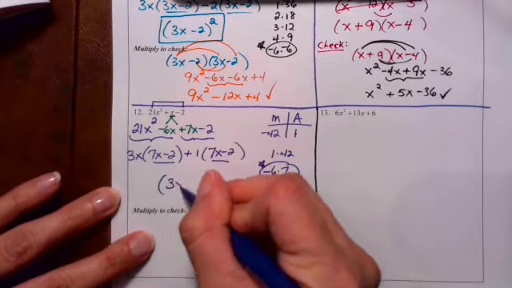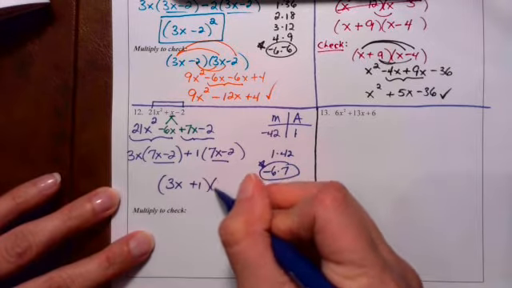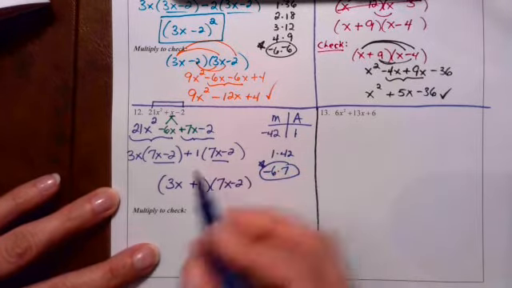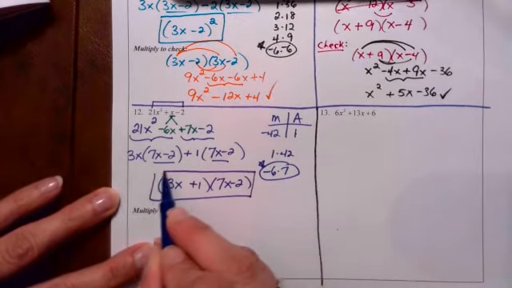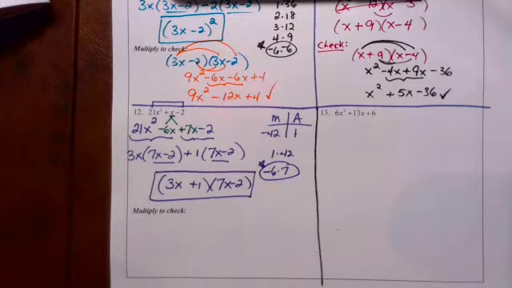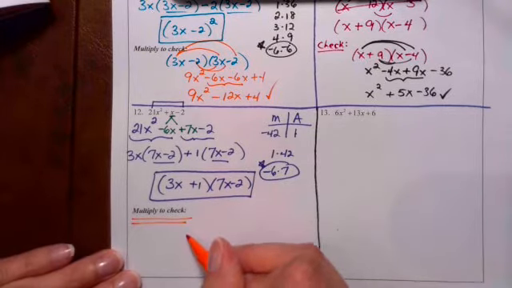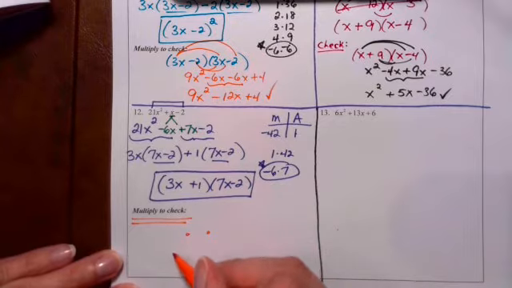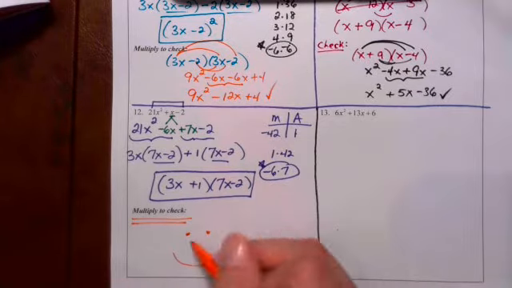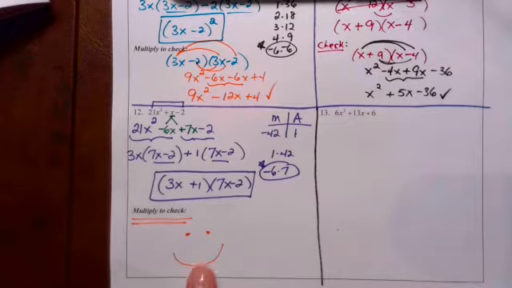Final answer is 3x plus 1 and 7x minus 2. Okay, go ahead and multiply to check. Students do work, and hopefully you get the answer right. Go ahead and multiply it out. I want to see multiplying right there. Don't just draw a smiley face.